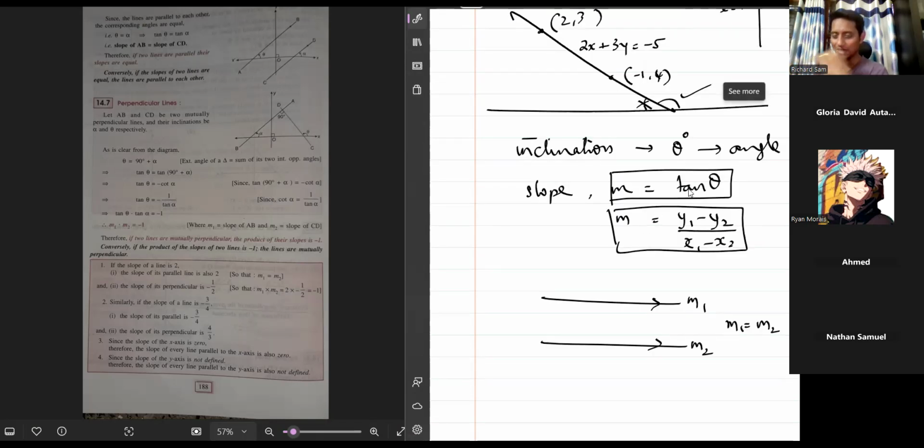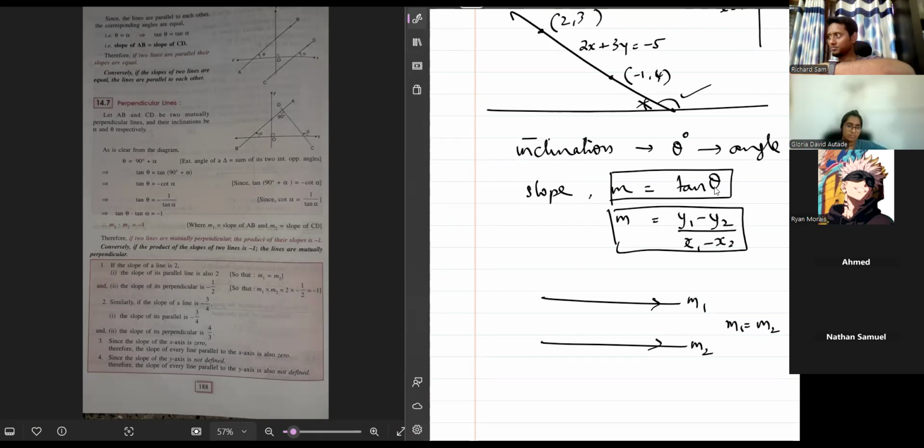Look, let's just elaborate a little more on this tan theta. If theta is 0, then the line is flat. So the slope will be how much? 0. Tan 0 is 0. Now, if theta is 45 degrees, how much is the slope?